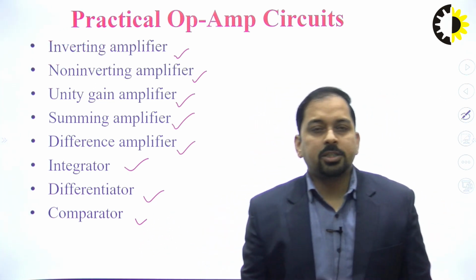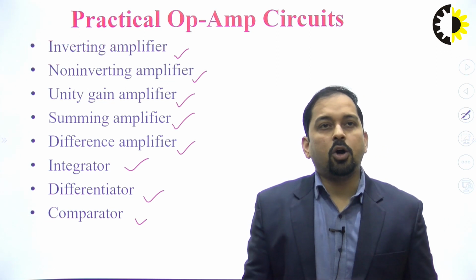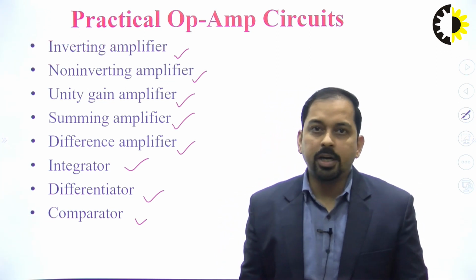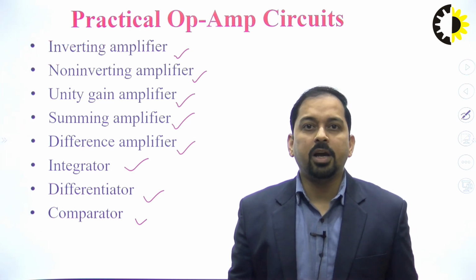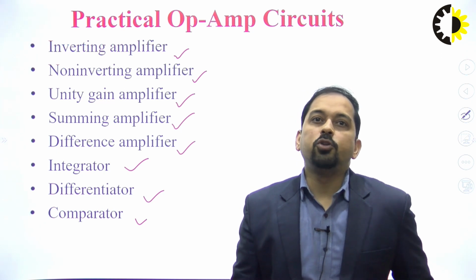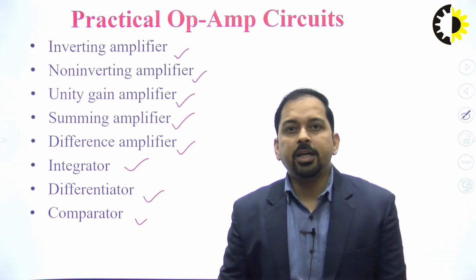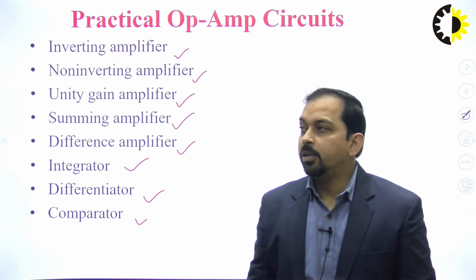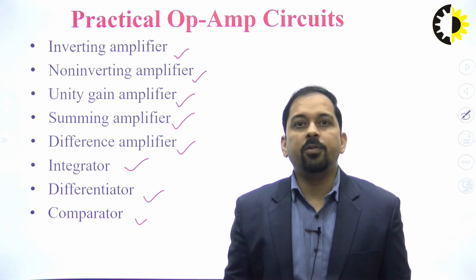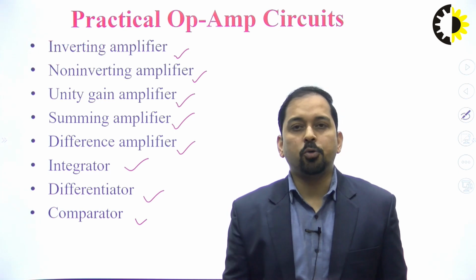So in the last lectures we have seen that the operational amplifier, once it is operated in the open loop configuration, is provided with a very high gain. So we are not able to utilize that huge amount of gain. So what we did is we made a feedback, and with the help of that negative feedback we decrease the gain of the OPAMP.